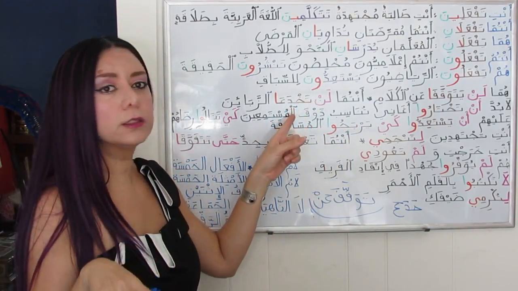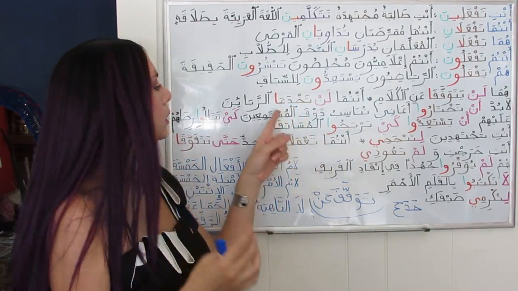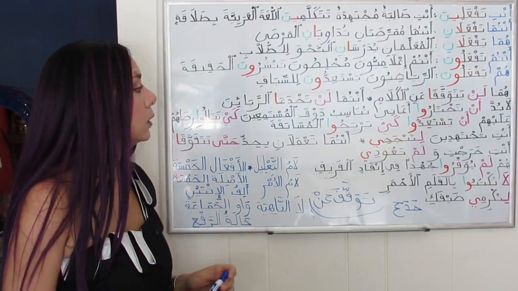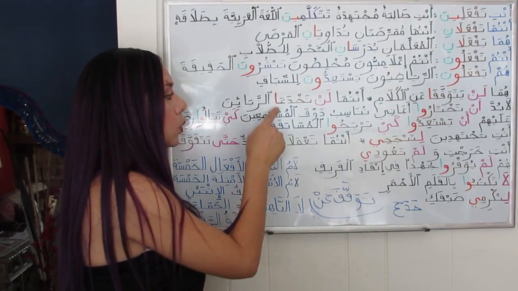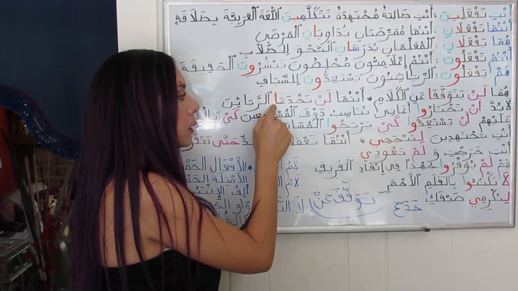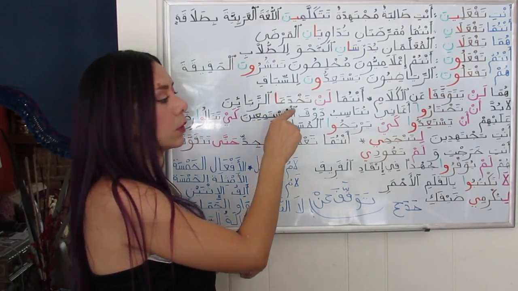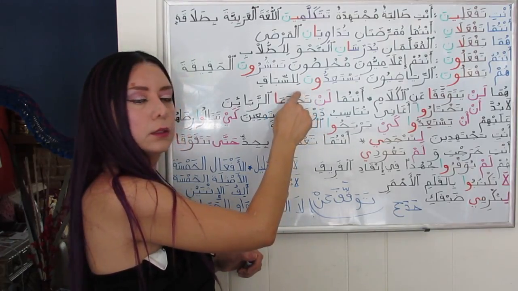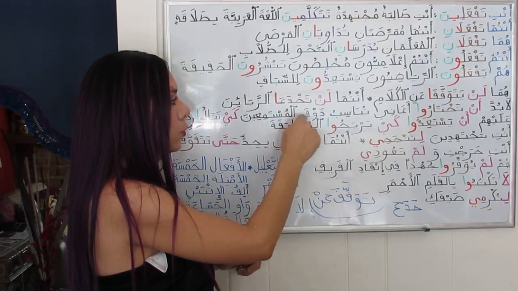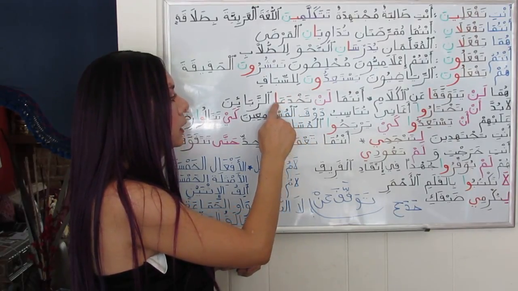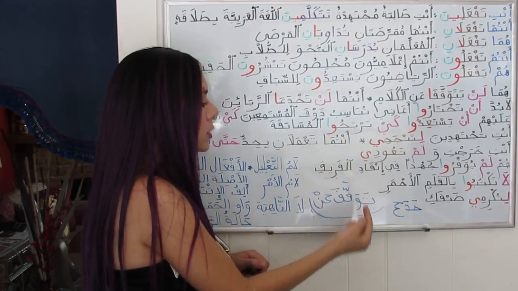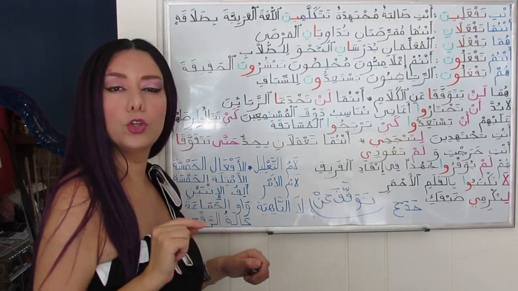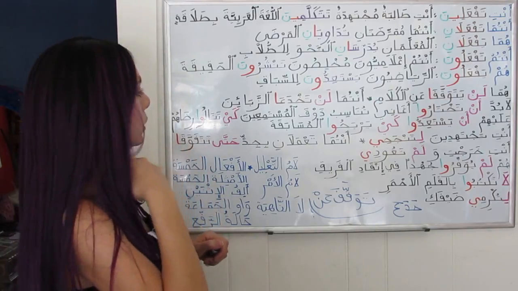You will not fool or trick the customers, الزبائن. Alright? So alif is the subject of the imperfect subjunctive of this verb, the verb خدع. Alright? And the sign of the case is the omission of the noon. Alright?